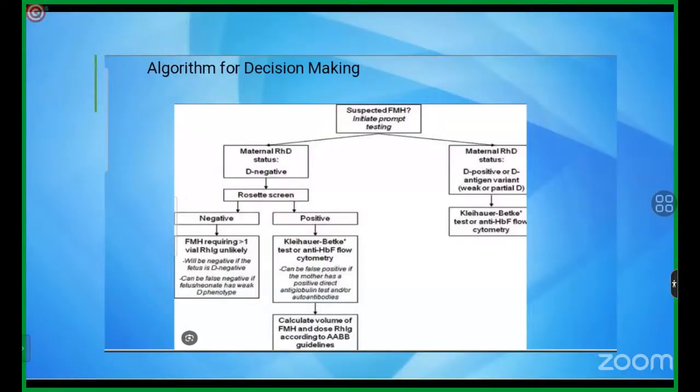This will be negative if the fetus is RhD negative. It can be false negative if the fetus or neonate has weak D phenotype.